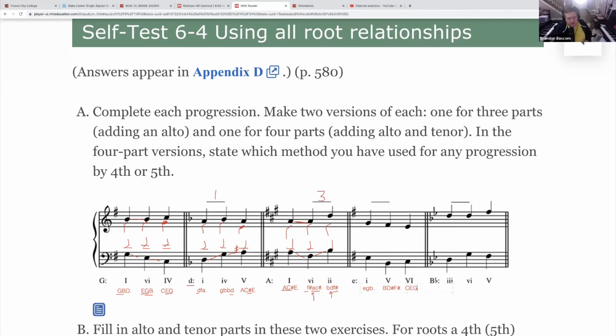All right. How are we going to fill that first chord in? We've got an E and a G. We need a B somewhere. I think put the B in the tenor. Pretty much have to, don't we? Yeah, and then we could just double the root with the alto.